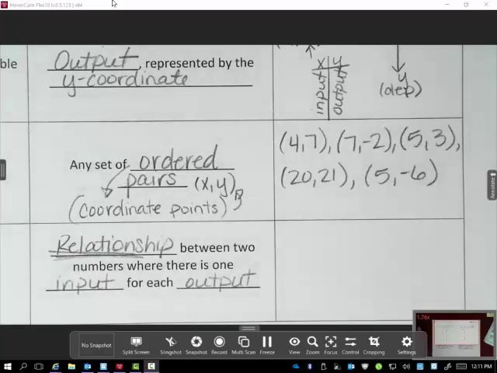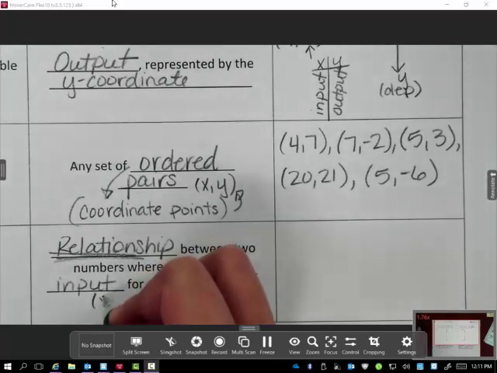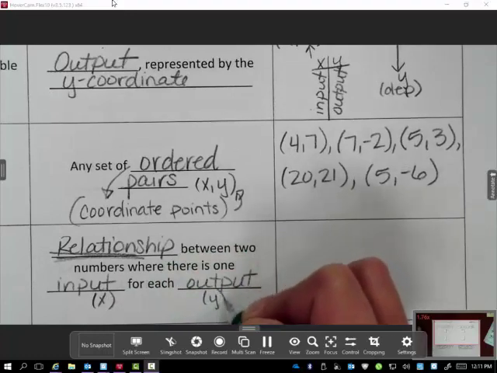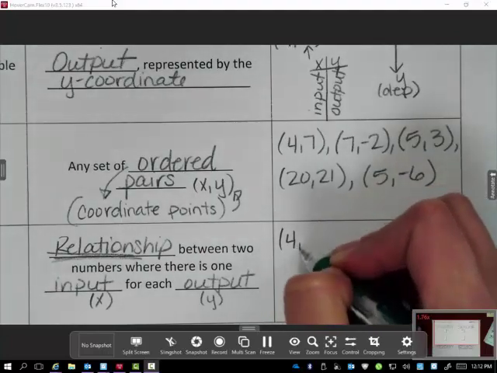Okay, what did we say input meant? Like what goes in. Is it X or Y? X, and output is Y. Okay, so what it's saying is that we have 1 X value for each Y value. Okay? Now, here's an example of a function.